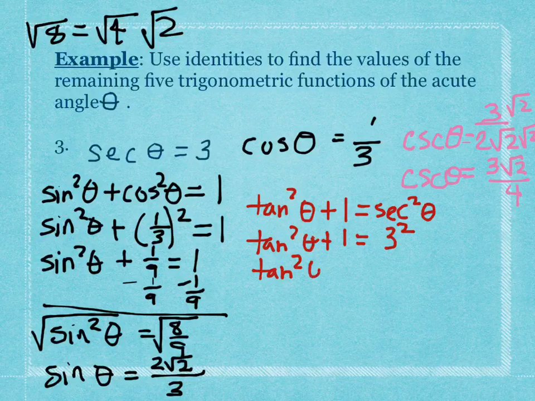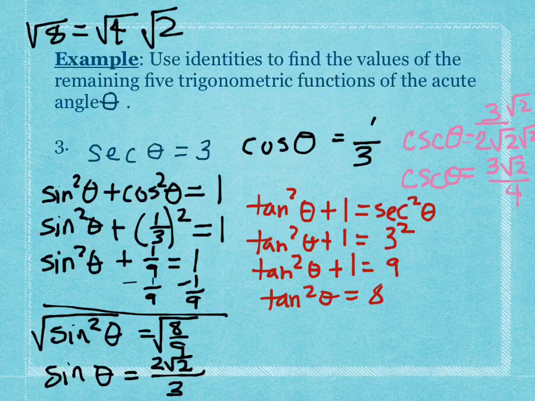So here's tangent squared theta plus 1 equals what? 9. So what does tangent squared equal? 8. And if I take a square root, it looks like a number I've already taken a square root of just a moment ago. So how do I simplify? 2 square roots of 2. So that's my tangent value.